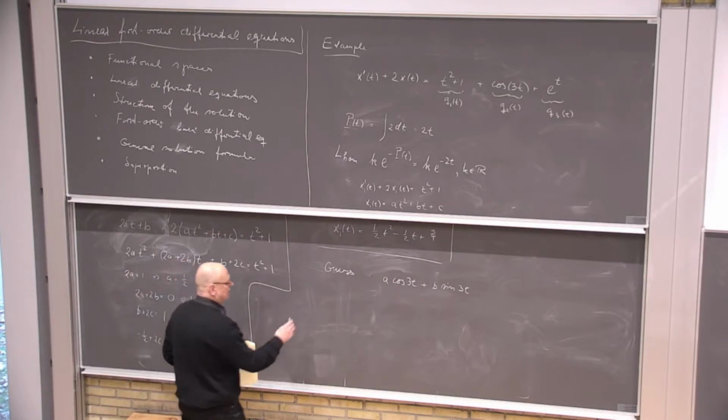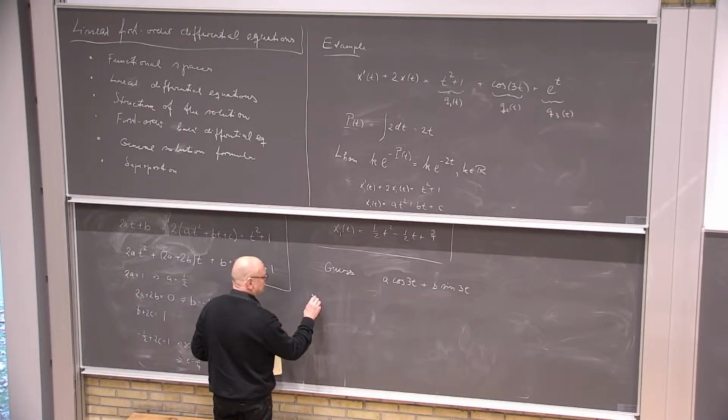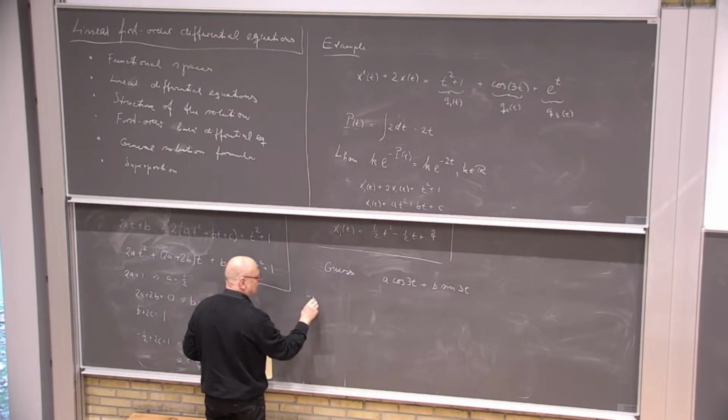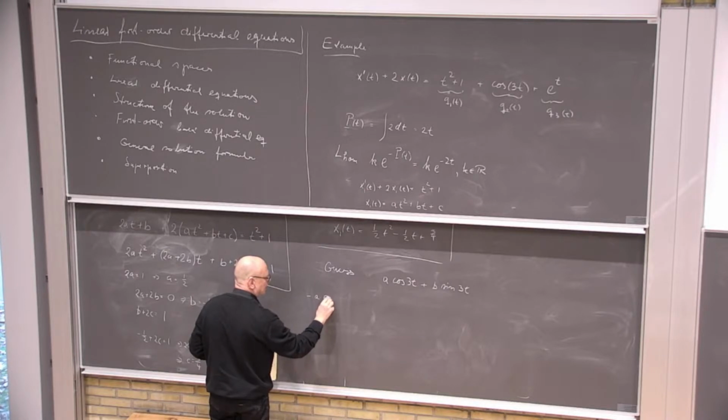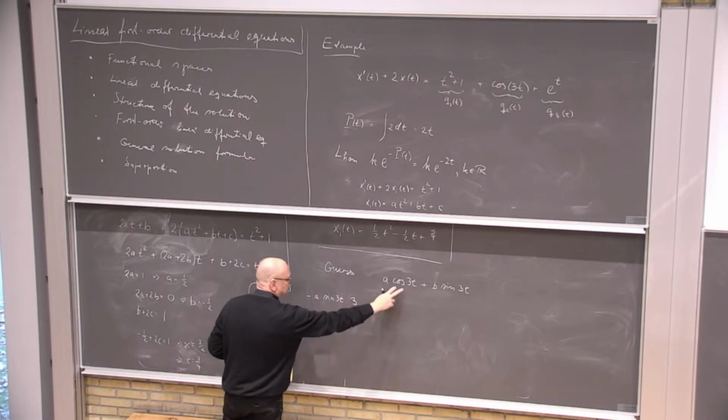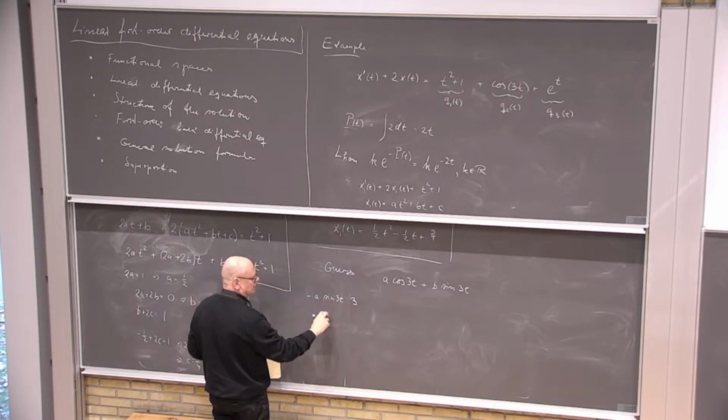So I need the derivative, and the derivative of this one is minus a times sine of 3t times 3. The derivative of cosine is minus sine, and then you have the factor 3 here.